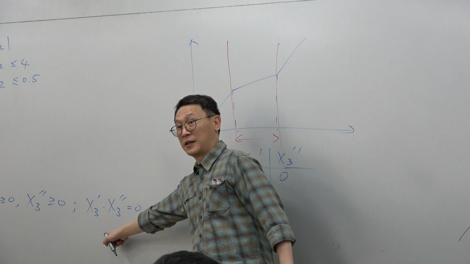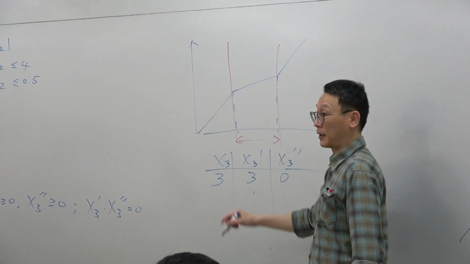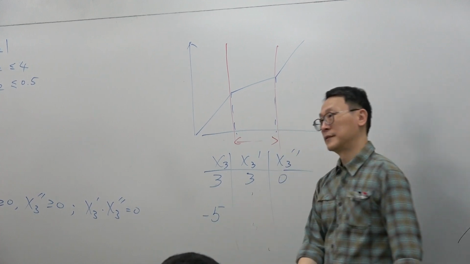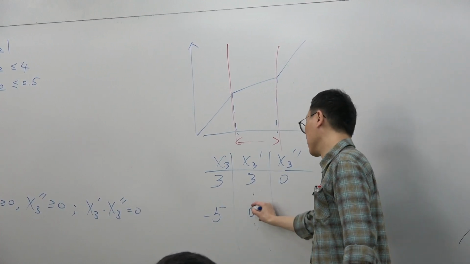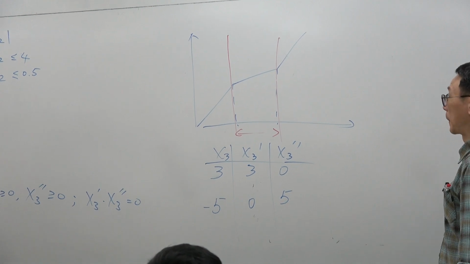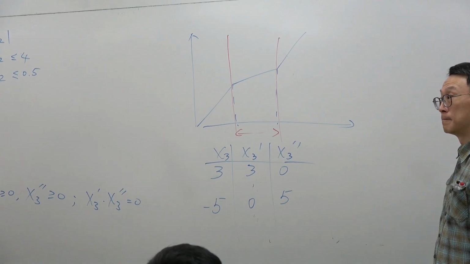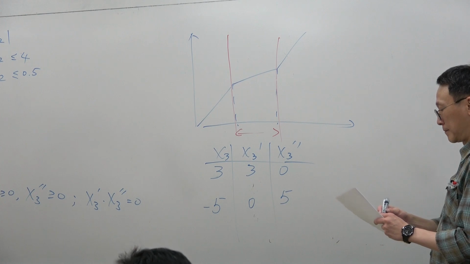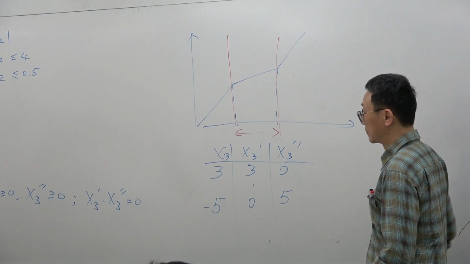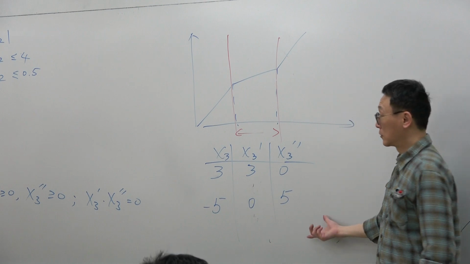Because I need x3 prime multiplied by x3 double prime to equal 0. If it's minus 5, it would be (0, 5). So that's an example.